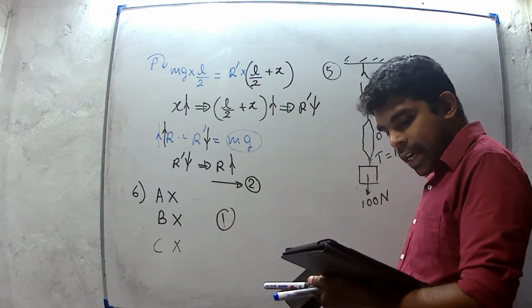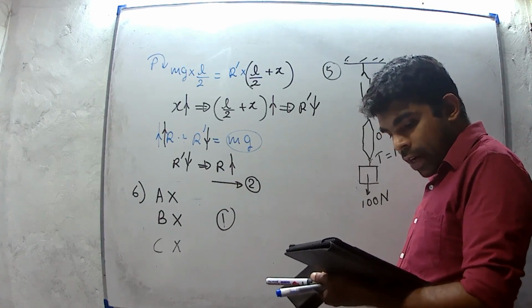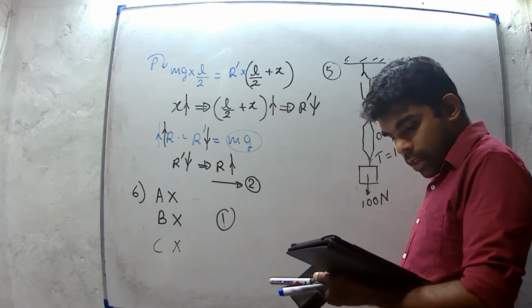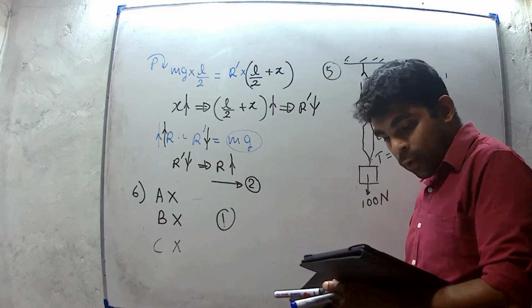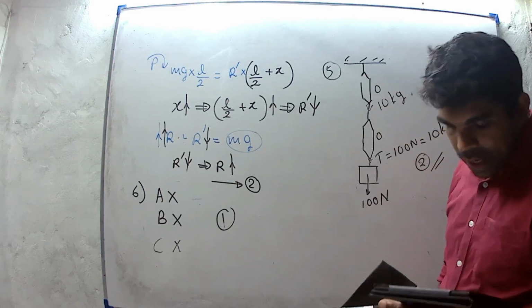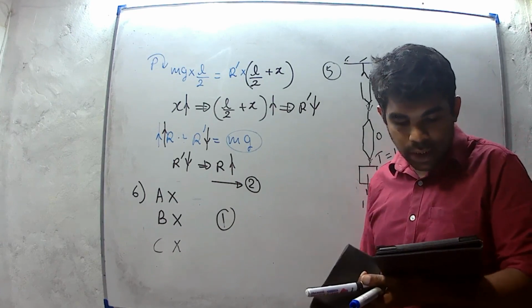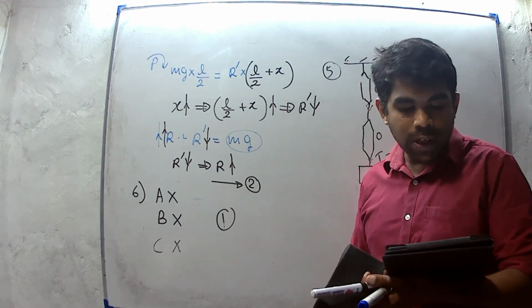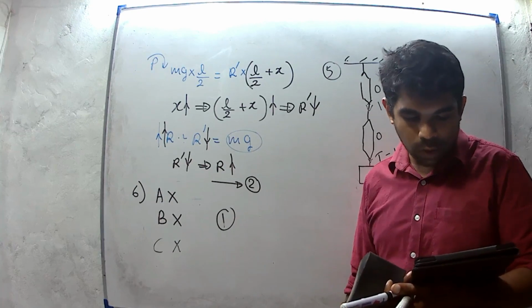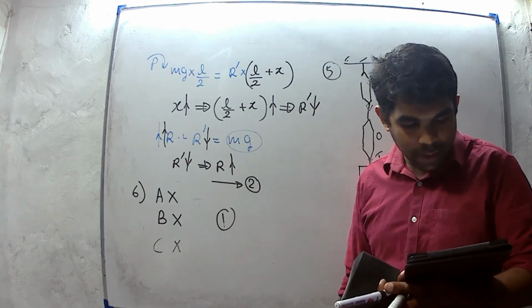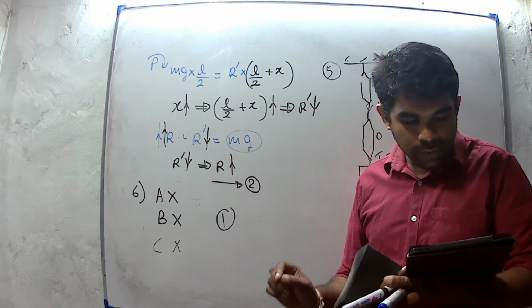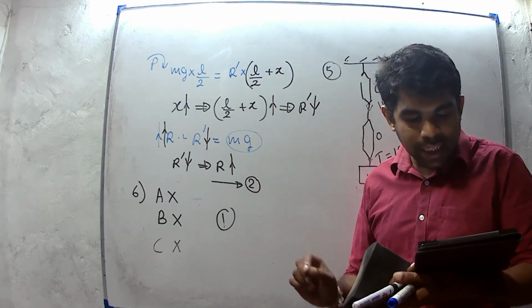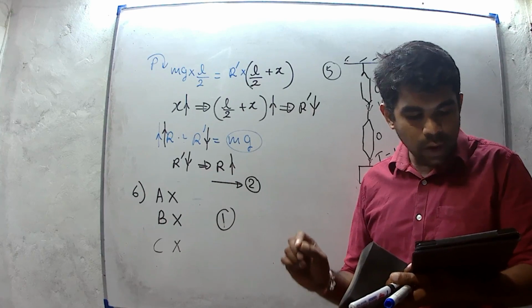I will consider it again. First, they have given a system of coplanar forces acting on a rigid body. If the resultant of moment of forces about a certain point on the body is 0, consider the following statements. Statement A, the resultant of the moment of force about any other point on the body is always 0.